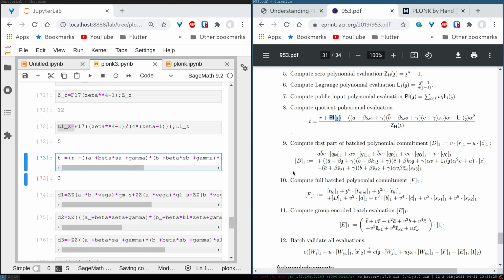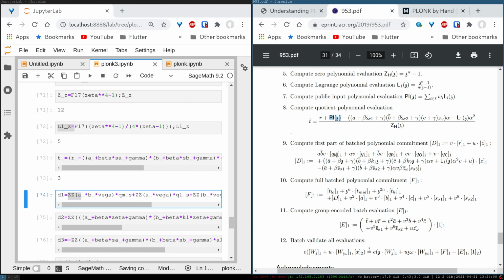Then we do D. Again, D is pretty big, so it's broken down in 3 parts. D1 is A bar times B bar times vega times QM. So this part here is because these are elements of FP modulo 17. Sage doesn't like the fact that you're multiplying these numbers by points, so this is basically casting them as regular integers. But you can ignore this part.